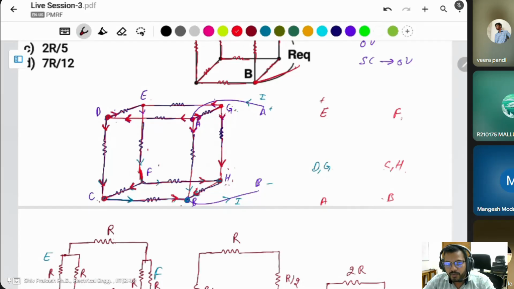Then now you have to connect the resistors according to this cube. Yes, if we consider points C and E, at point C two currents are incoming and one current is outgoing. Yes, but both are different points. Right, E has the positive terminal, this C is the negative terminal.